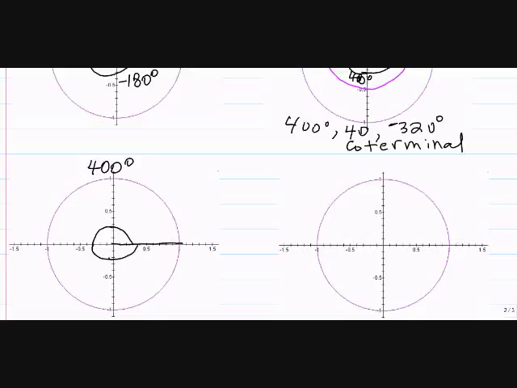I still have to get to 400, so I need another 40 degrees. So let me trace out another 40 degrees from here. And this angle is a 400-degree angle. But it's in the exact same place as just a plain old 40-degree angle.